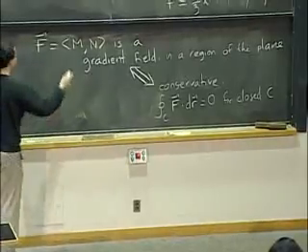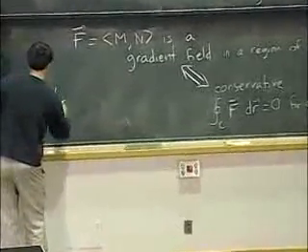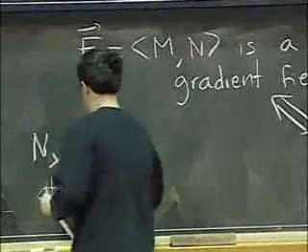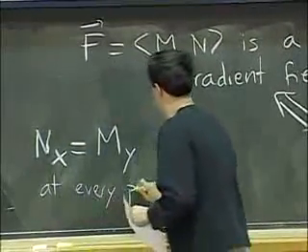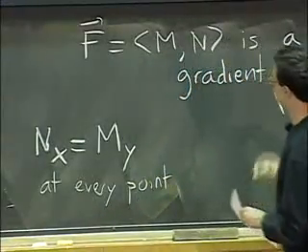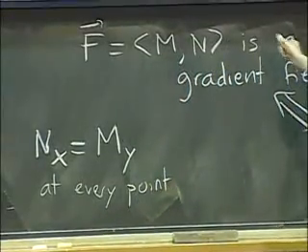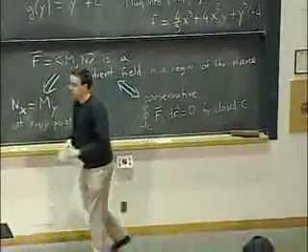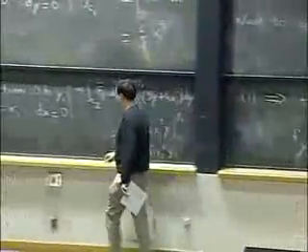And now we have a third thing, which is N sub x equals M sub y at every point. Just to summarize the discussion, we've said if we have a gradient field, then we have this. And the converse is true in suitable regions.